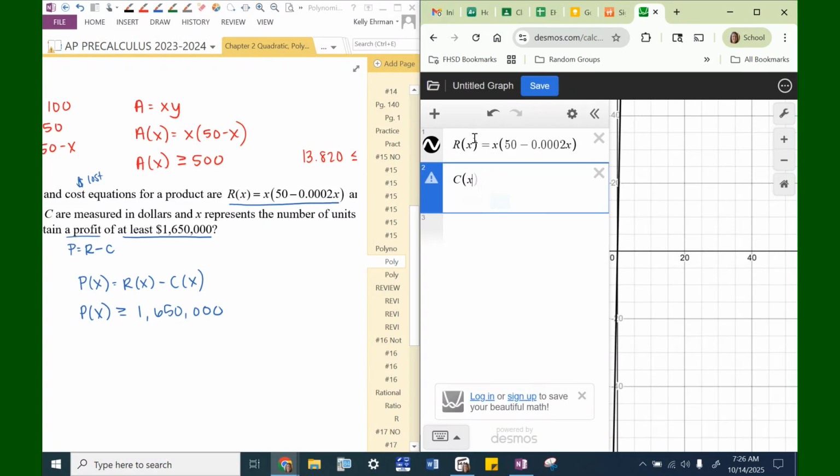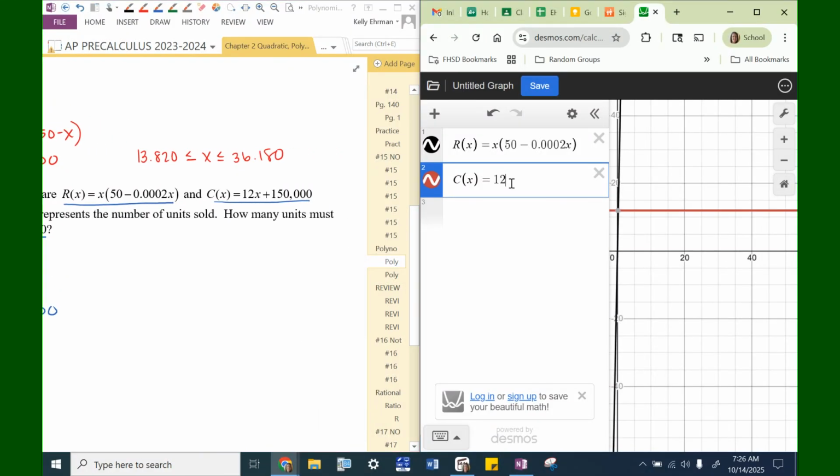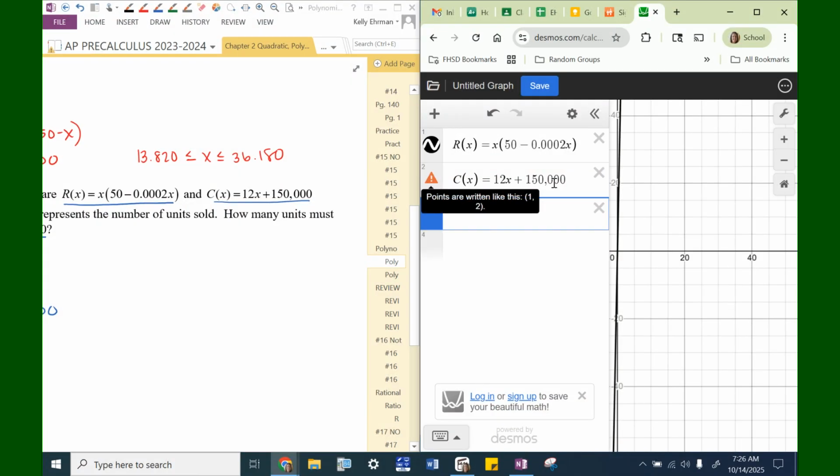You can write them in separate lines. What was cost? Cost was 12x plus 150,000. Oh, it probably doesn't like my comma. Okay, don't put commas in. And then P of x is equal to R of x minus C of x.